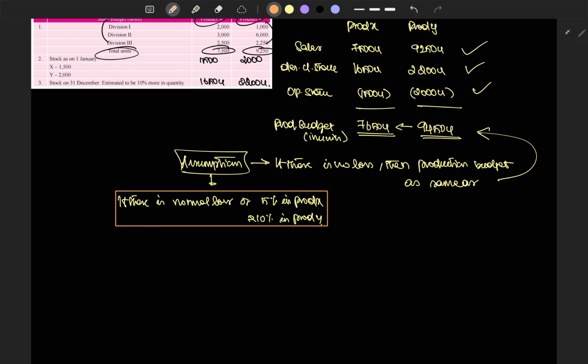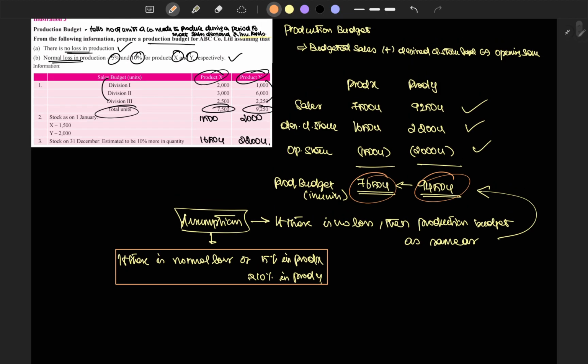If the company is facing the loss, then the company has to meet this demand of 7650 units of product X and 9450 units of product Y. Apart from the normal loss in product X and product Y, we need to achieve these units.